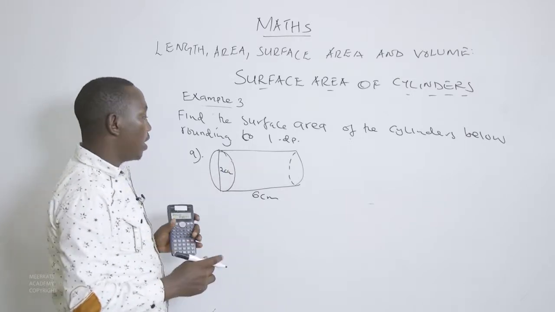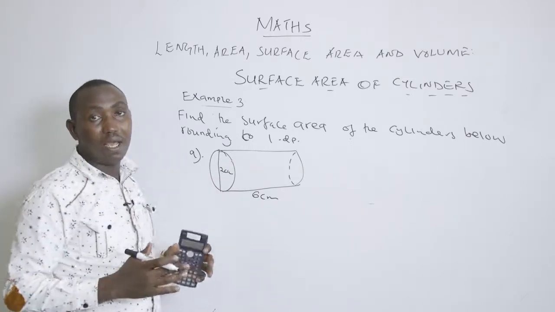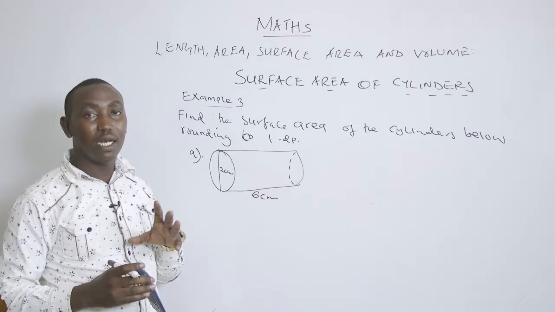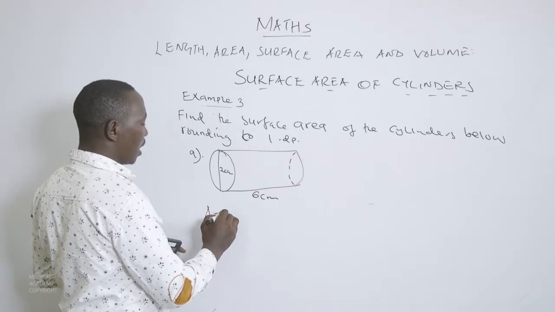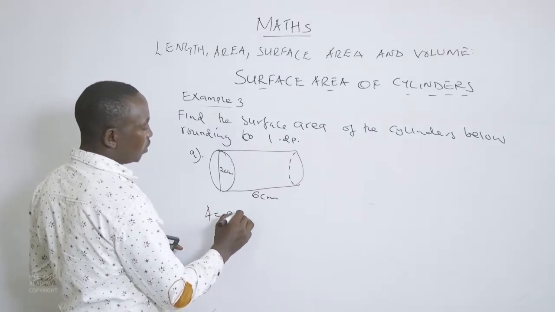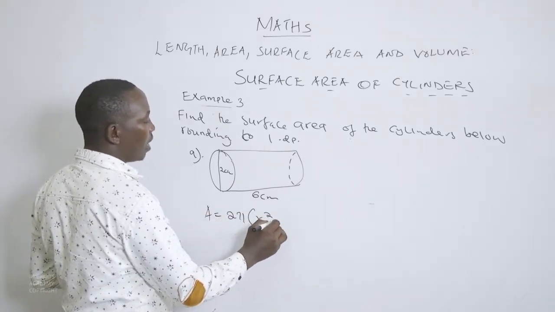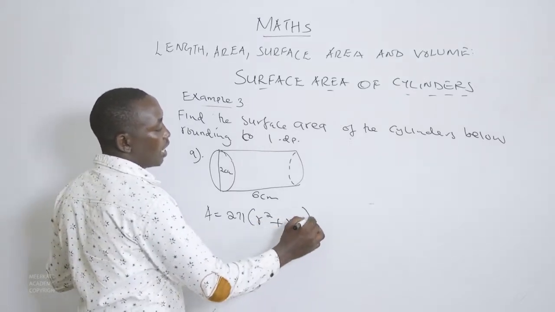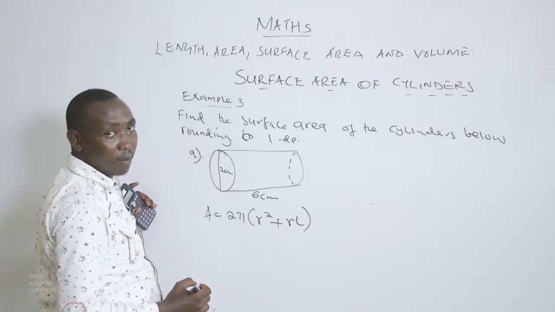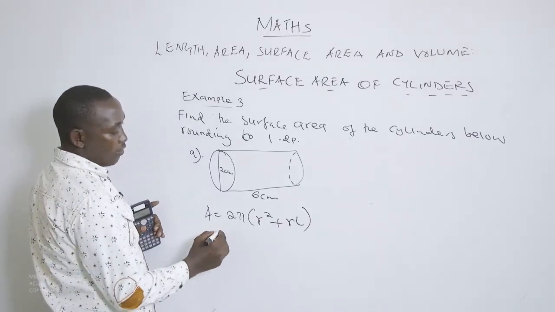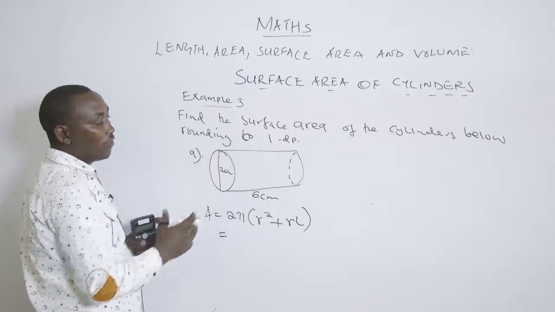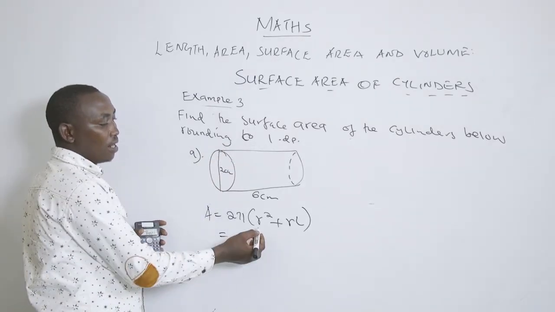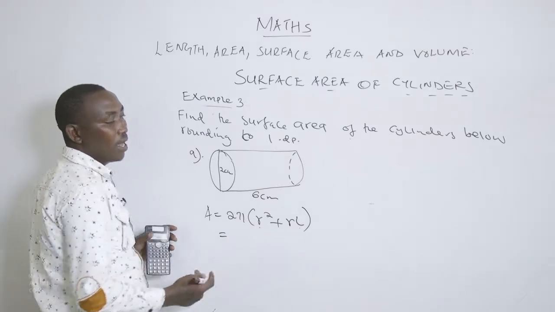Now we had simplified our general expression for the area of a cylinder into area is given by 2 pi times r squared plus r multiplied by L. For us to obtain the total surface area of this figure, we need to understand what our R and our L are.